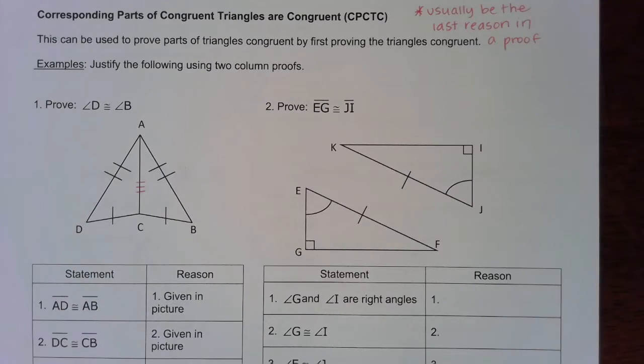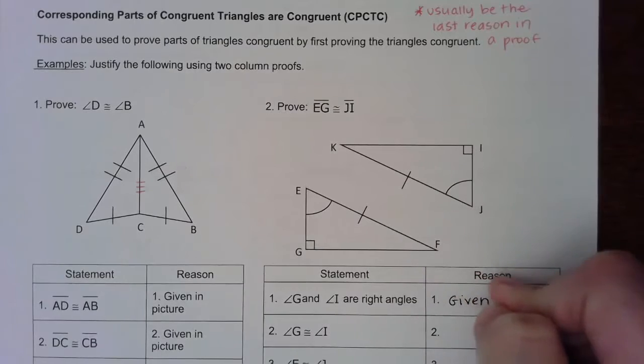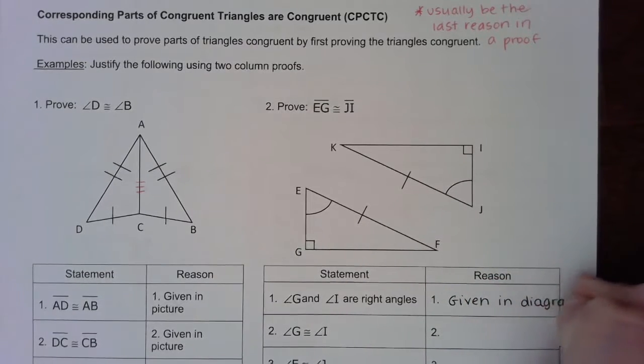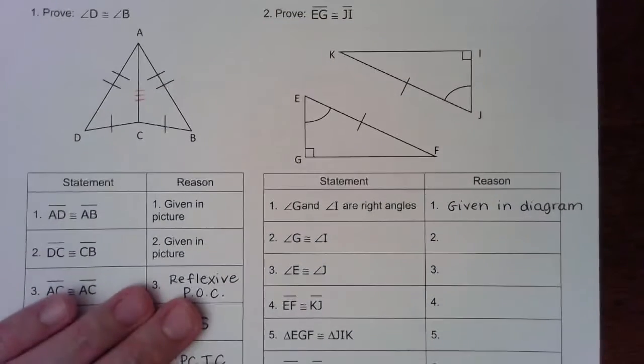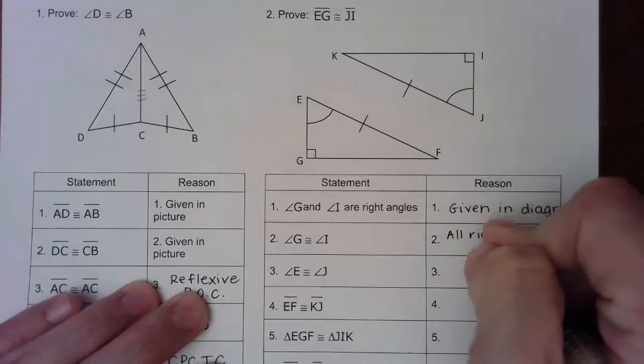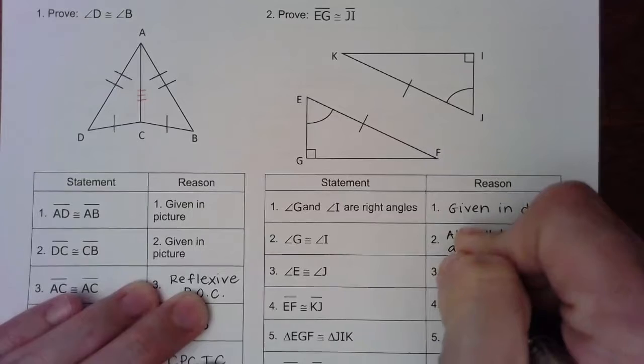On number 2, angle G and angle I are right angles, and so that's given in the diagram. You can say given in the picture, or you can say given in the diagram. Angle G is congruent to angle I. That's because all right angles are congruent.